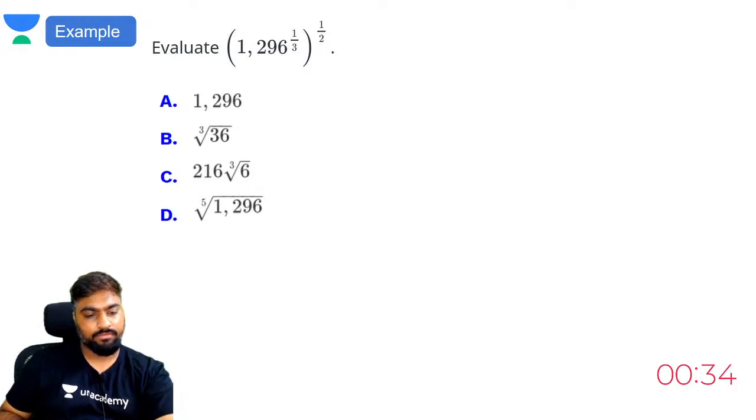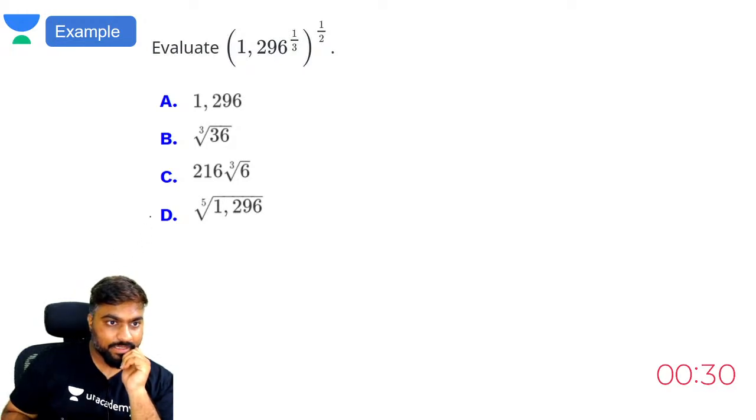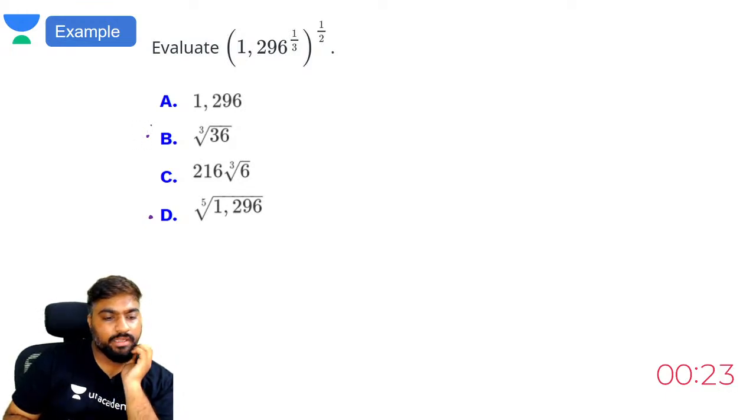Anyone answer? D. Somebody saying D, somebody saying B. Okay. Saurabh is saying B, Gaurav is saying D, the rest? How about others? Think carefully.